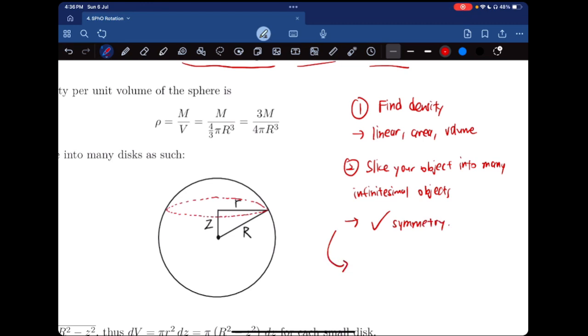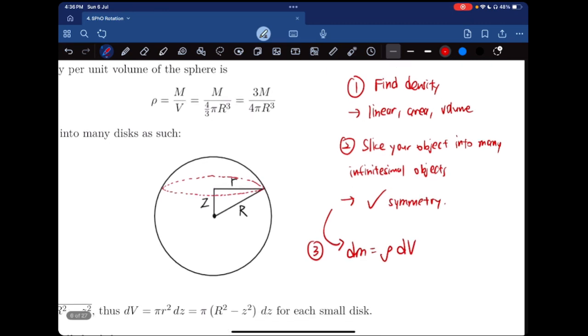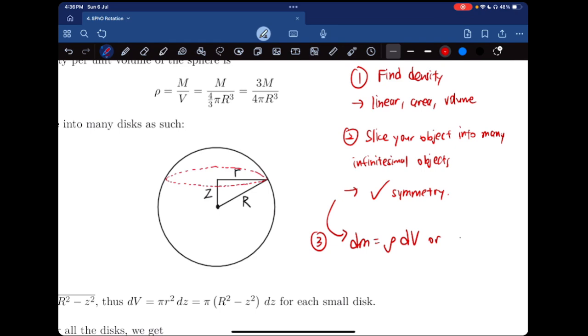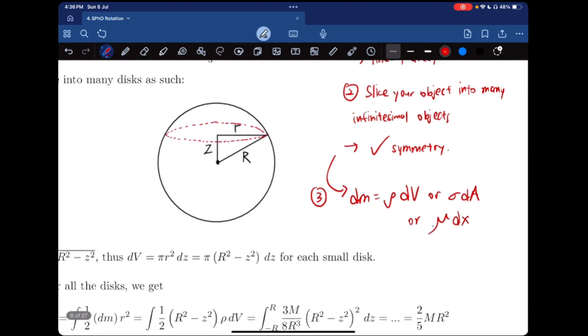Now, once you do this, the third step is to find dm, which equals your density times your infinitesimal volume, or your area density times your infinitesimal area, or your linear density times your infinitesimal length. Then once you have this, you can integrate r squared dm to find the moment of inertia.